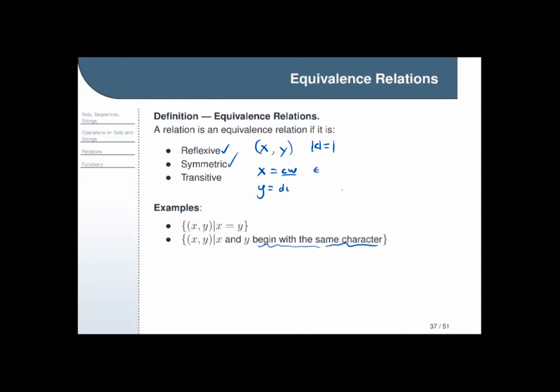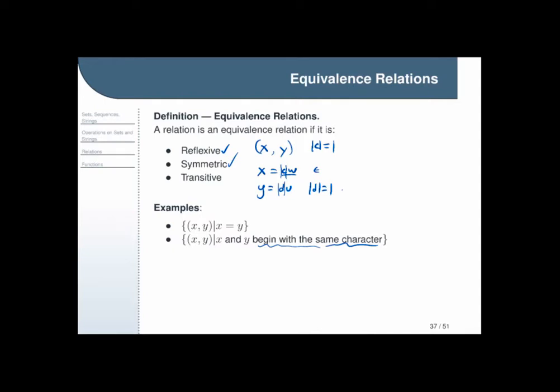We'll say D concatenated with U, and here also we're going to say the length of D is equal to 1, indicating that D is supposed to be the first character of y and C is supposed to be the first character of x. Okay, so now that I've expressed them this way, all I've done is rewrite them as the concatenation of some other set of variables that I've given a few rules about.